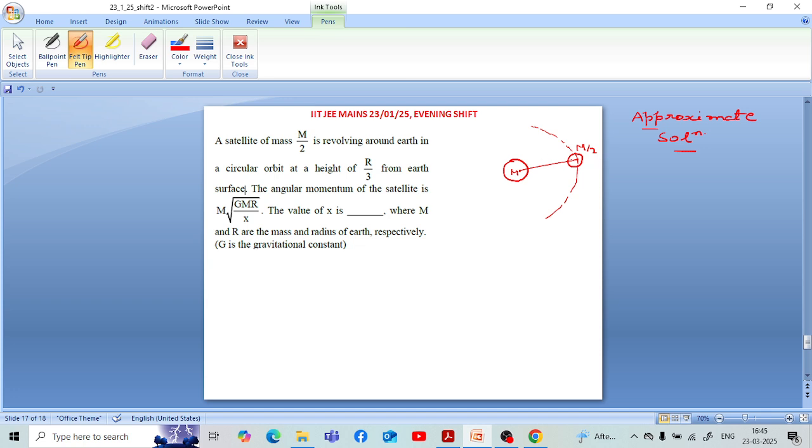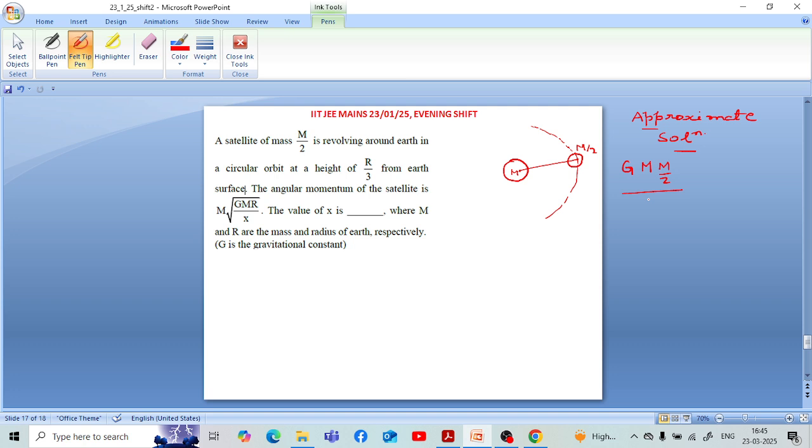So by assuming first that the satellite is moving in a circular path having the center at the center of the Earth, we start the solution like this. The centripetal force which the satellite gets is from the gravitational attraction between the satellite and the Earth. The gravitation force between them is given by G M1 M2 upon the square of the distance between them, where M1 is the mass of Earth and M2 the mass of the satellite.